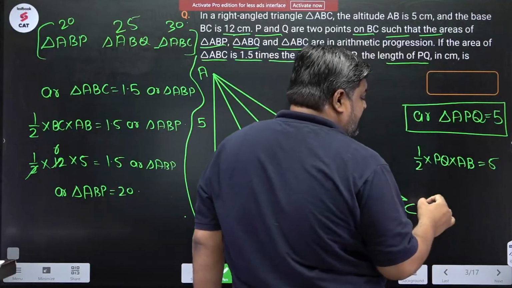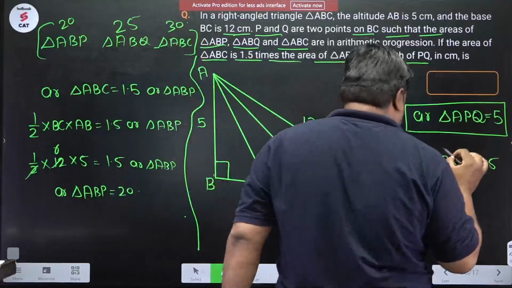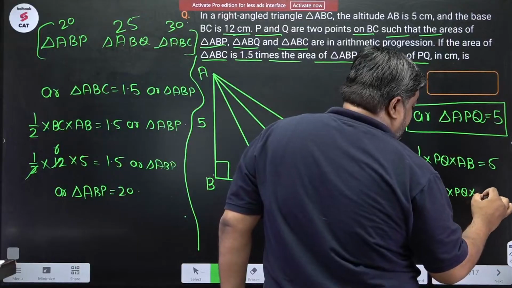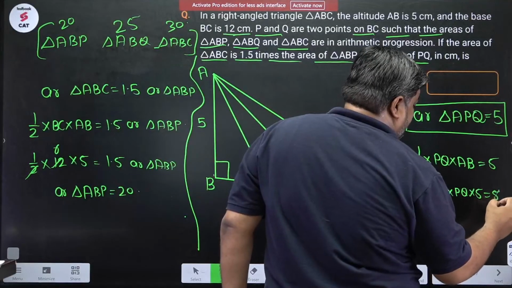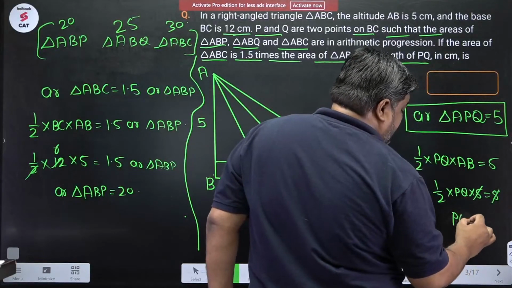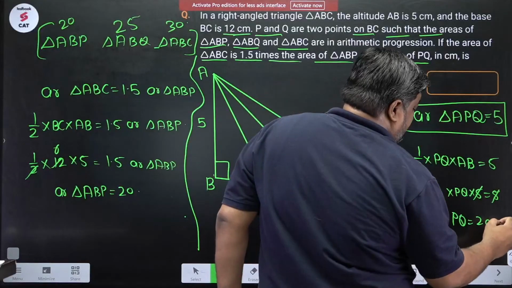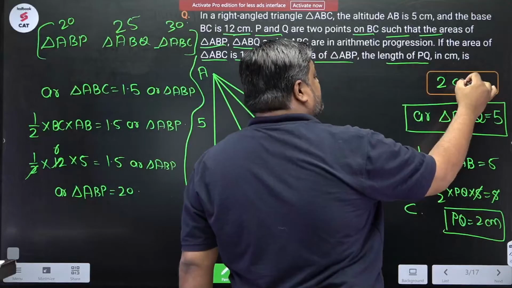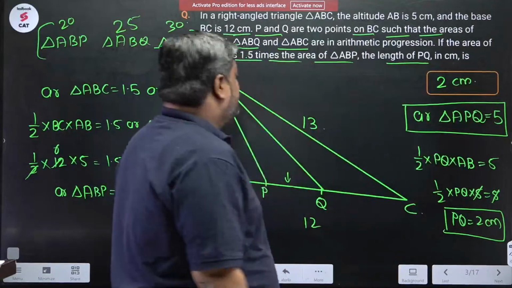I have AB as 5. AB का length भी 5 given है. So half into PQ into 5 is equal to 5. 5 से 5 cancel out. PQ is 2 centimeters. Correct answer to this was 2 centimeters.